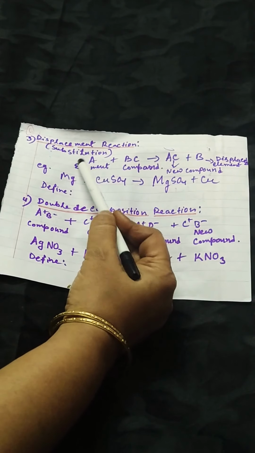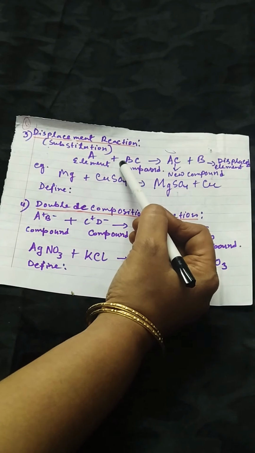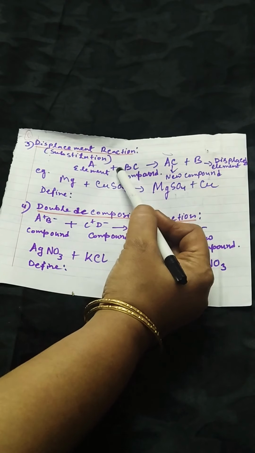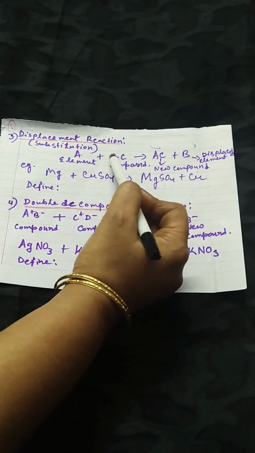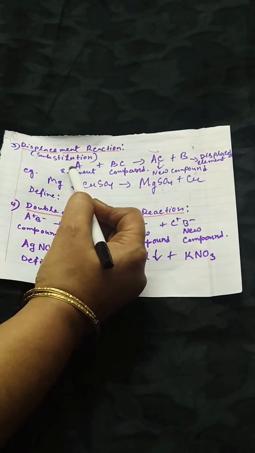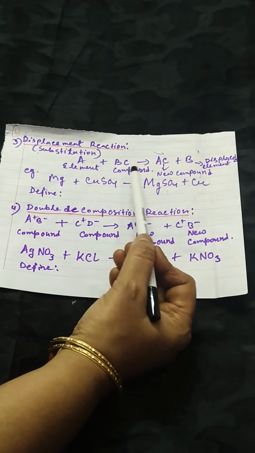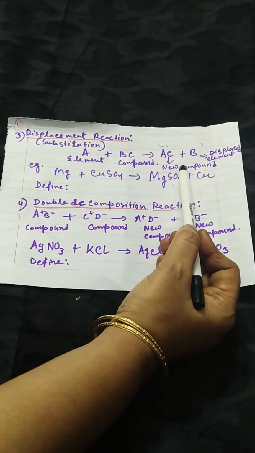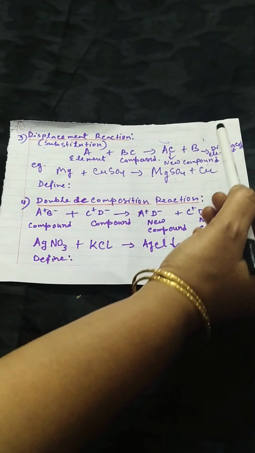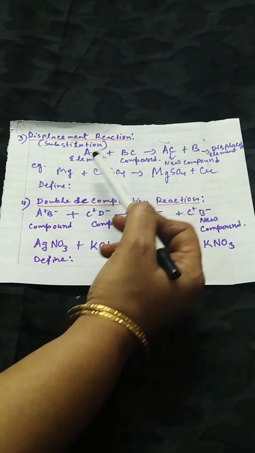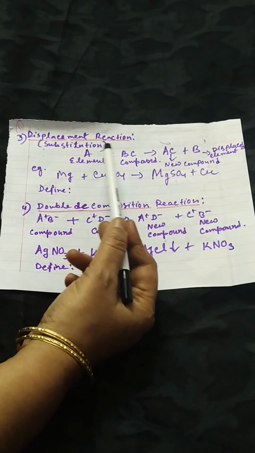Say one element A is reacting with a compound BC, then A can take the place of B to give us AC plus B. So B is substituted by A to give us AC plus B. Whenever one element reacts with a compound and a new compound is formed along with the displaced element, that type of reaction is known as a displacement reaction or substitution reaction.